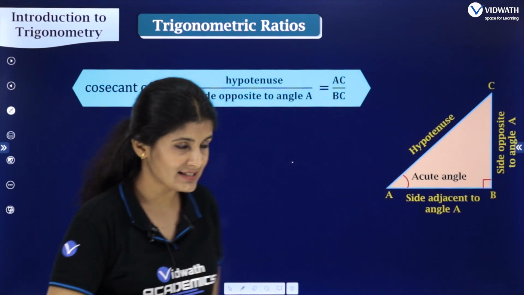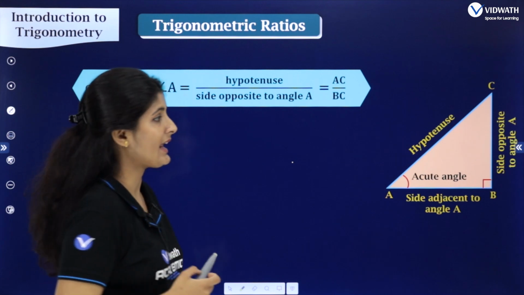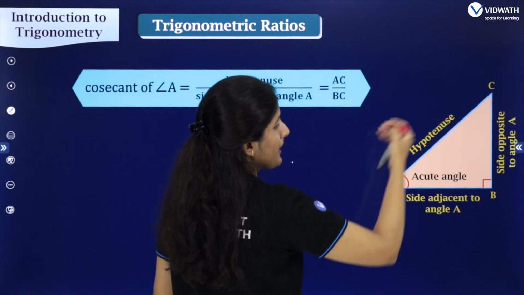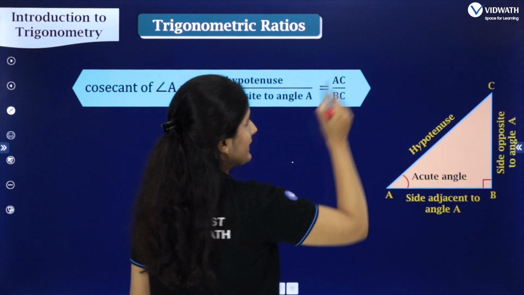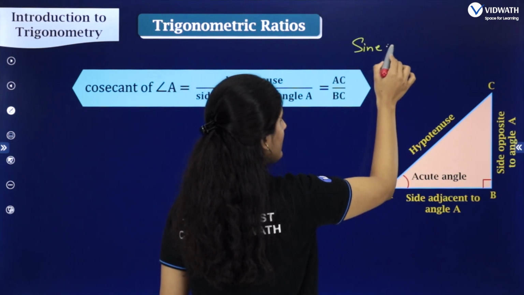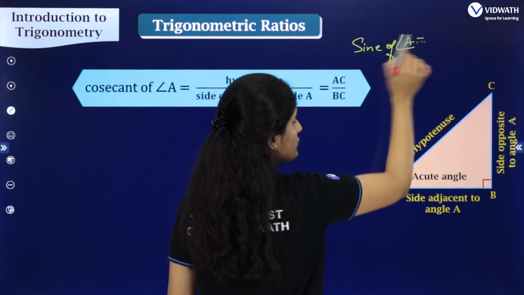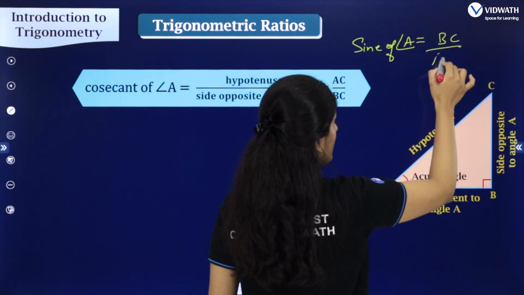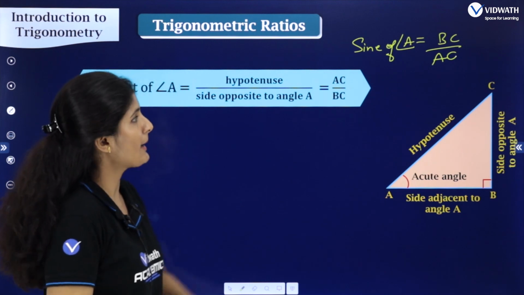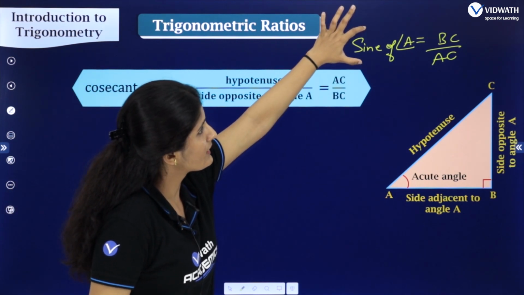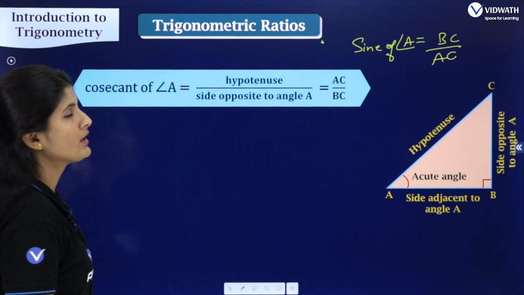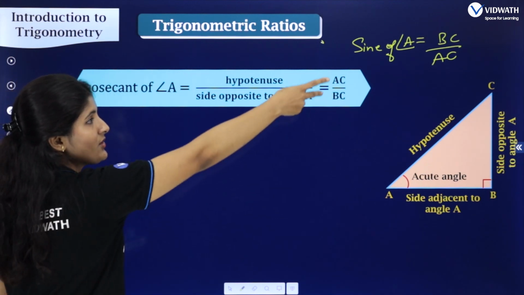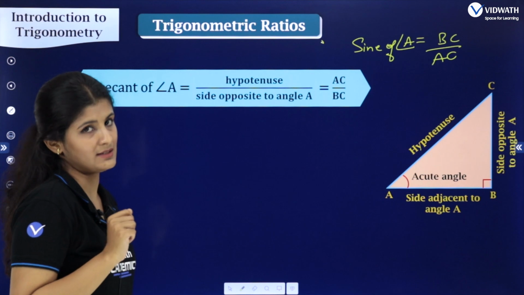As you had previously seen, the sine of angle A is nothing but the side opposite to angle A divided by the hypotenuse. That is, we had the sine of angle A given to us by BC by AC. So, on comparison of the sine of this angle A with the cosecant of angle A, we see that the ratios are nothing but reciprocals.